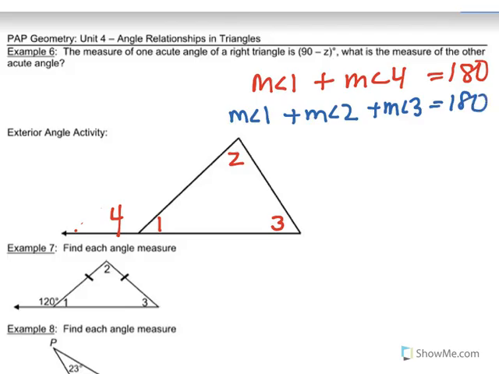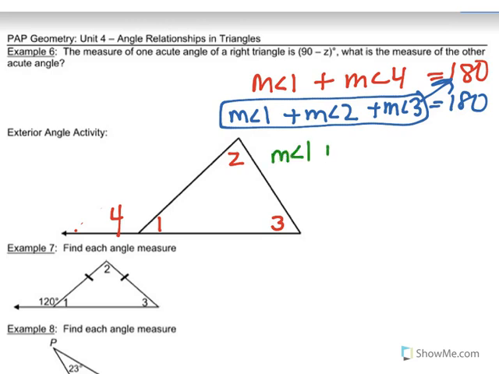Now, since both of these equal 180, let's use the substitution property, and I'm going to substitute it for the 180 up there. So we're going to make a new problem here that says the measure of angle 1 plus the measure of angle 4 is equal to the measure of angle 1 plus angle 2 plus angle 3.